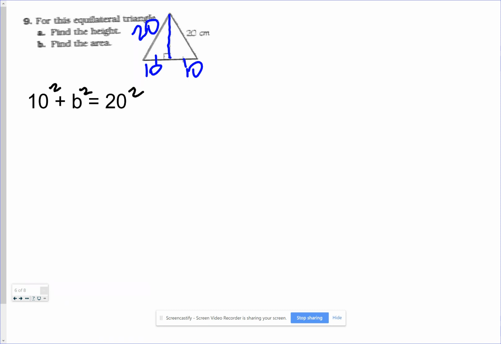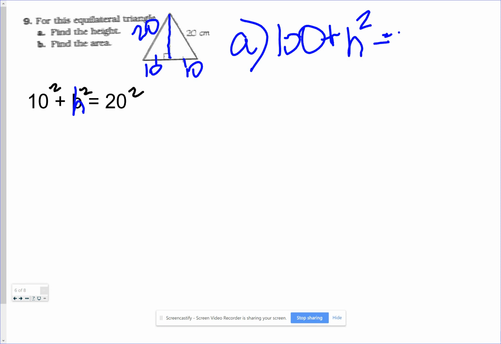All right, so first of all, to find part A, the height, we have to use the Pythagorean theorem. And we're going to say 10 squared plus, actually, I should probably call this h for the height. That would make sense. So we get 10 squared is 100 plus that height squared, and that equals 20 squared.